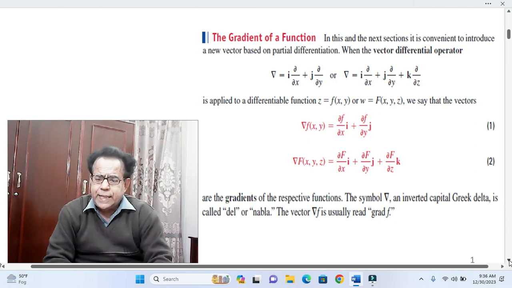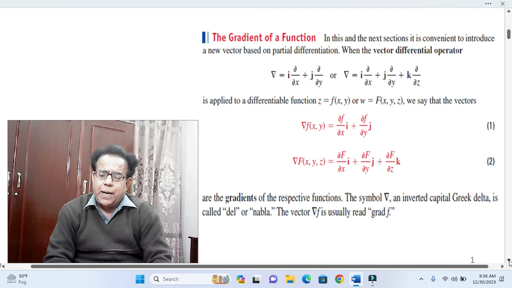In this and the next sections, it is convenient to introduce a new vector based on partial differentiation, the vector differential operator del or nabla, equal to i partial over partial x plus j partial over partial y, or del is equal to i partial over partial x plus j partial over partial y plus k partial over partial z.